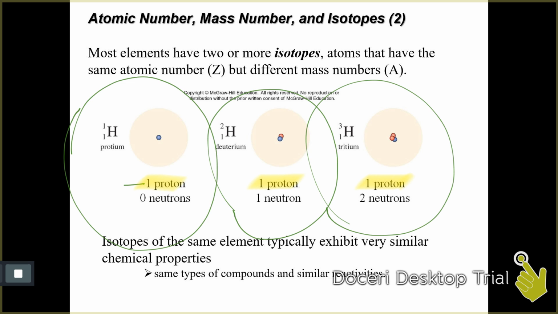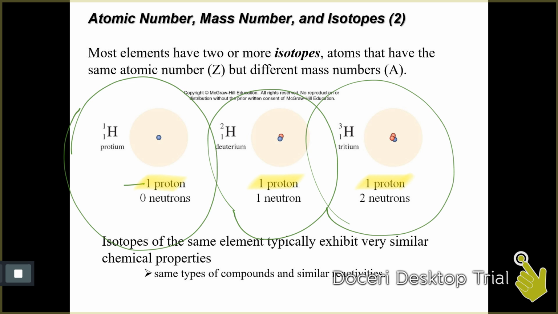So now I'm coming to the isotope. Isotopes are atoms of an element that have the same number of protons but a different number of neutrons. So in these 3 isotopes they have the same number of protons, which is 1, but the number of neutrons is different. That makes them isotopes.